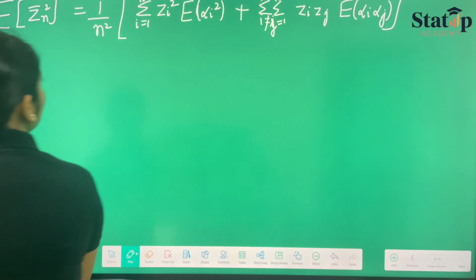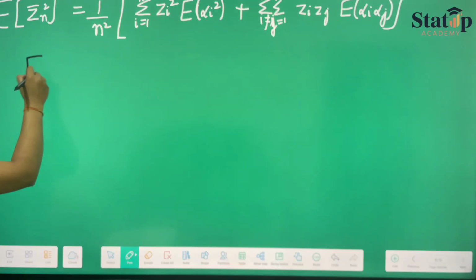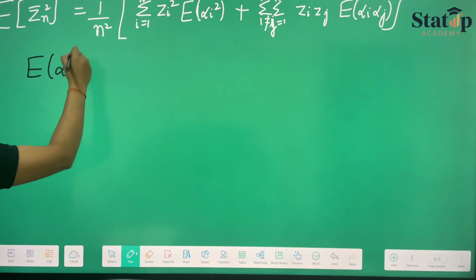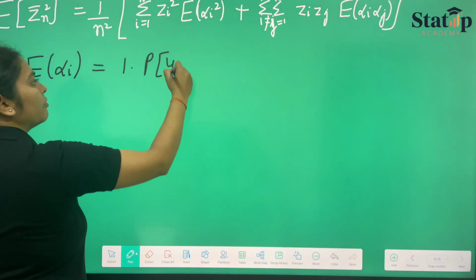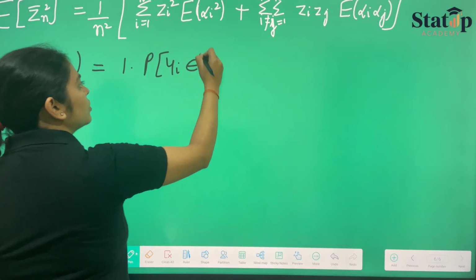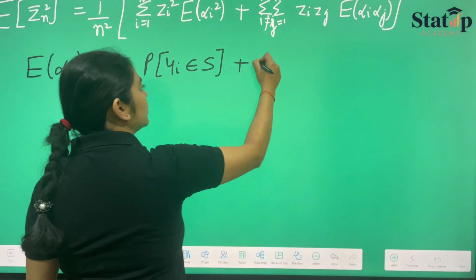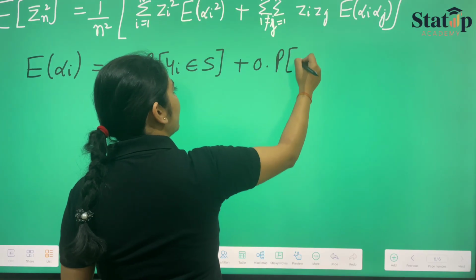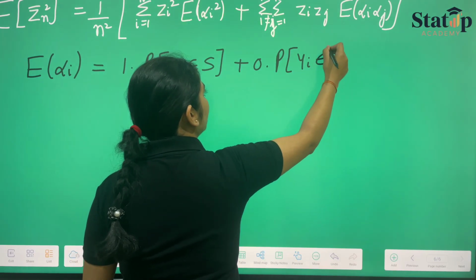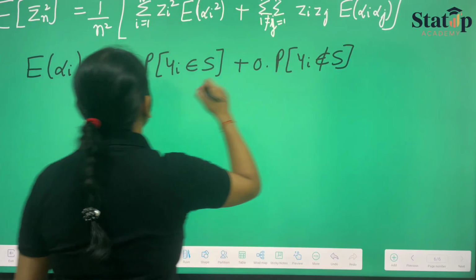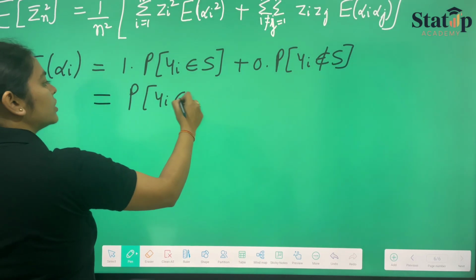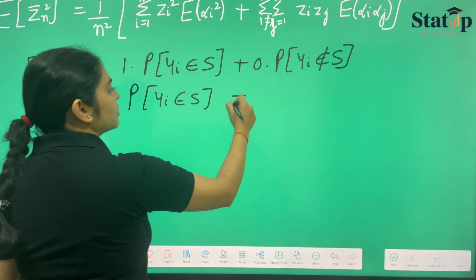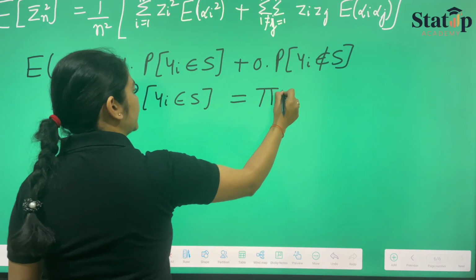So now we'll calculate the expectation of alpha i square. We know that the expectation of alpha i is nothing but 1 into the probability that yi belongs to the sample plus 0 into the probability that yi does not belong to the sample. So it was nothing but the probability that yi belongs to the sample, which we took as pi i.